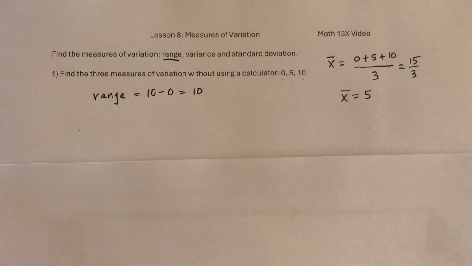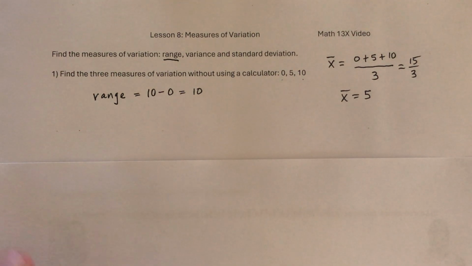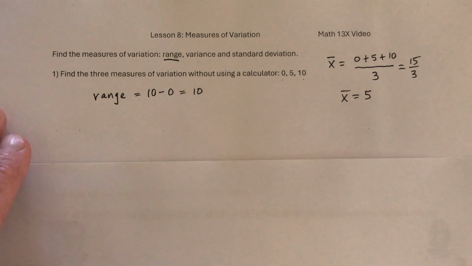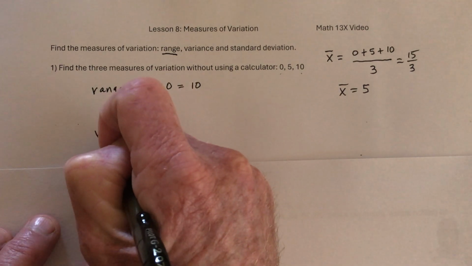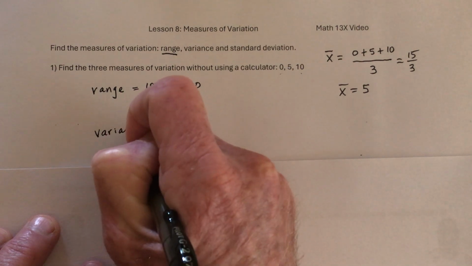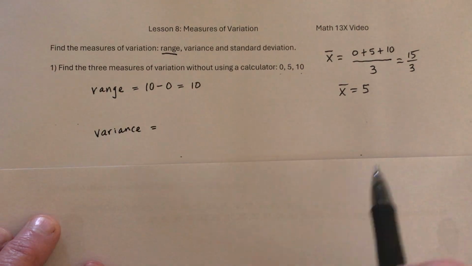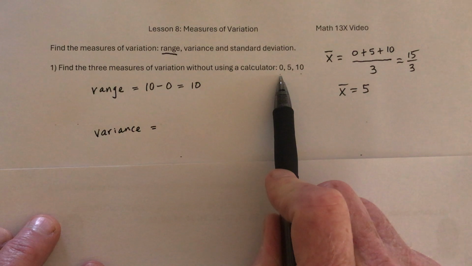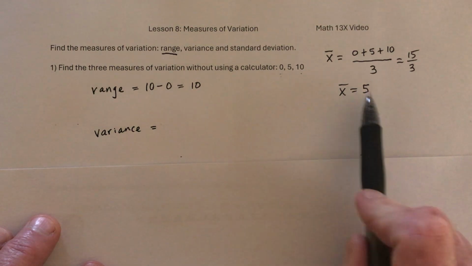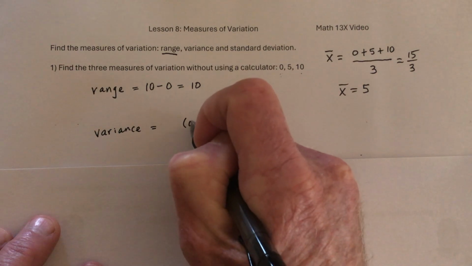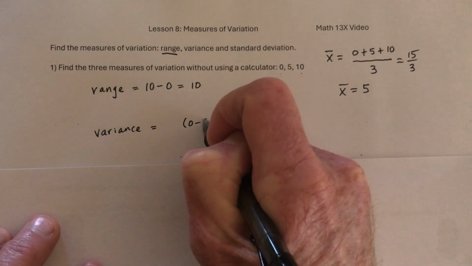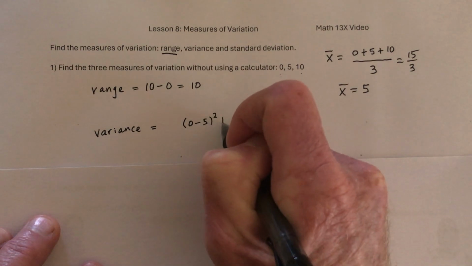Okay, now to do the variance and then the standard deviation. So for the variance, basically you just take each score one at a time, subtract the mean, and square it. So it's going to go 0 minus the mean is 5, and then square it.